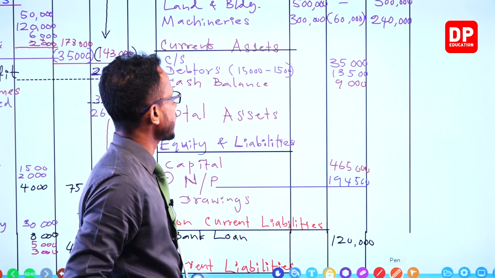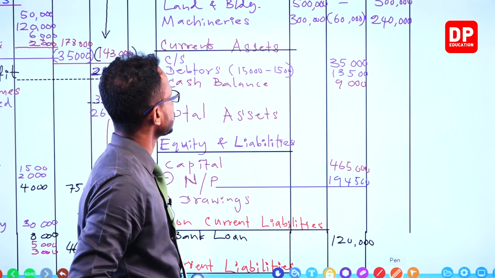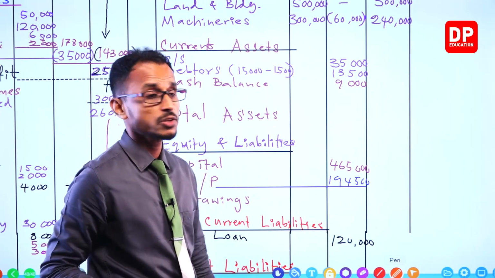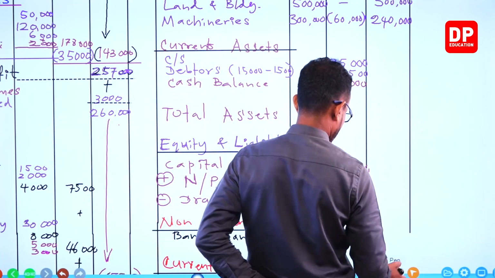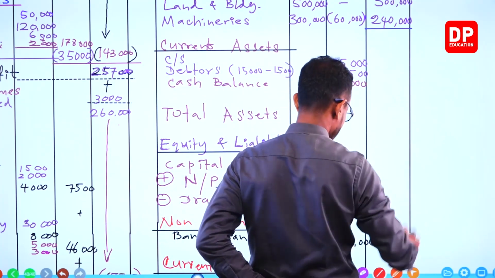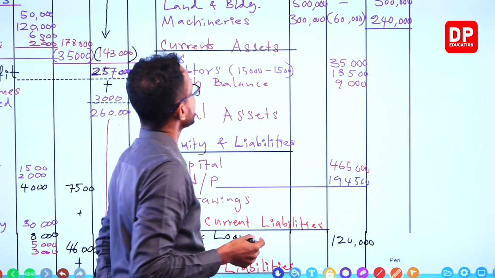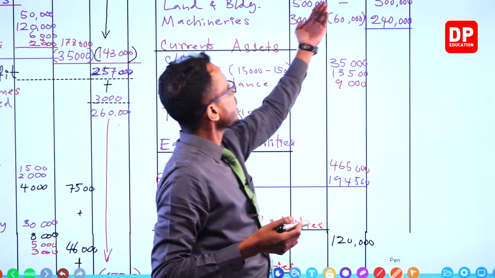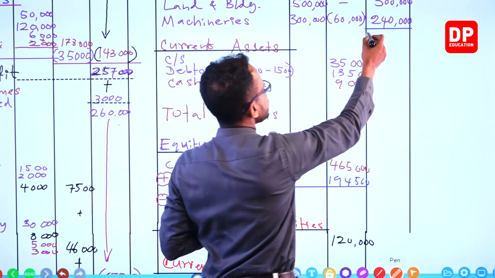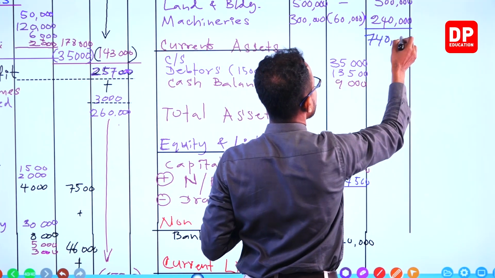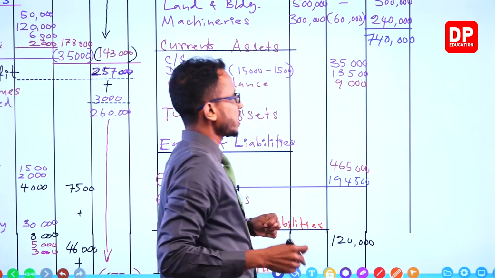Now let's take the additions from the top, from the asset section. First take the non-current assets. Land and buildings 500,000 plus machinery 240,000, 740,000.